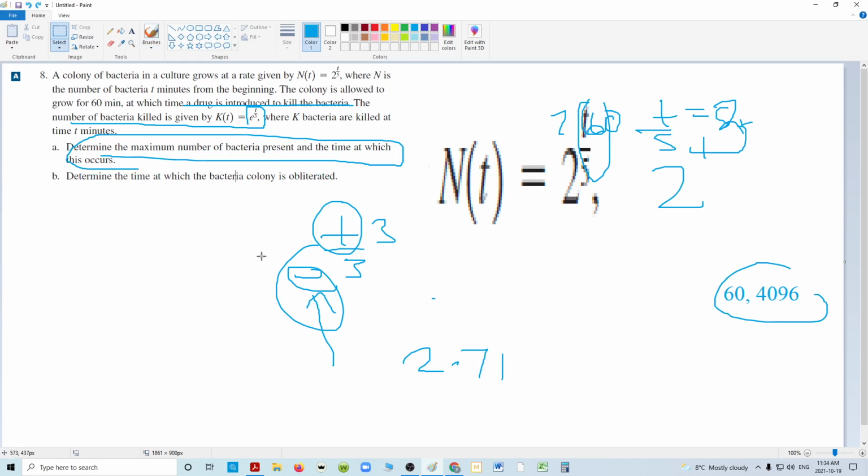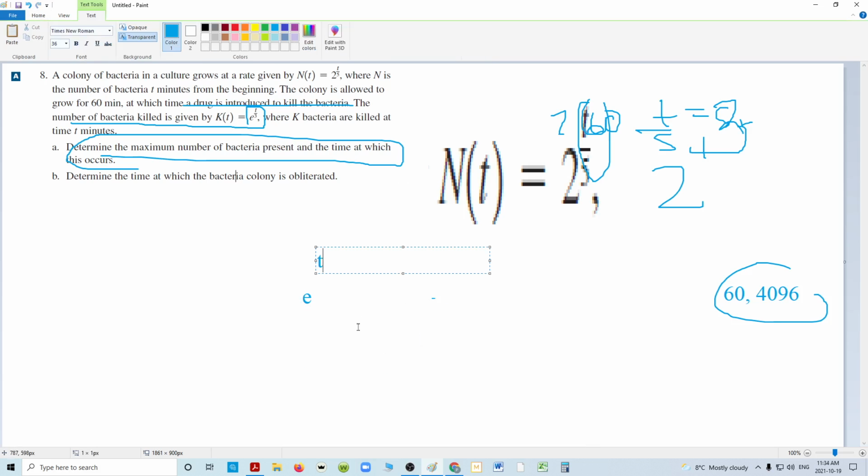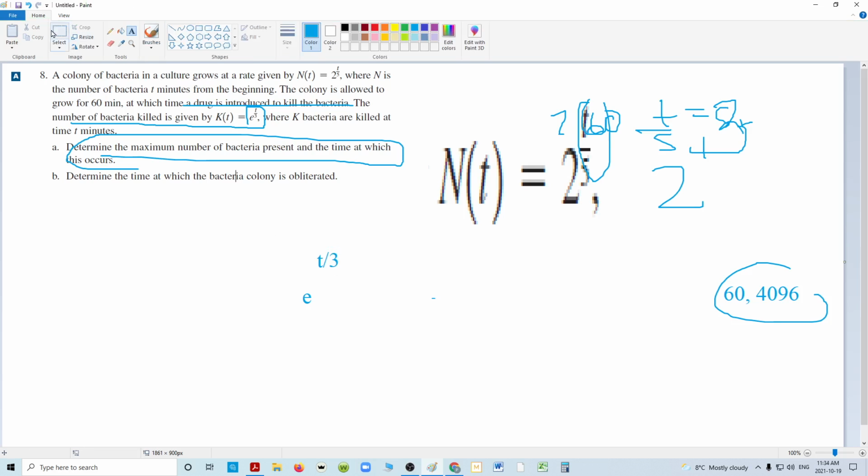Well, since this is the curve that's killing them, and this is the amount of bacteria when that antibiotic is introduced, all these will be eliminated when this reaches that number. In other words, when the subtraction equals 0.